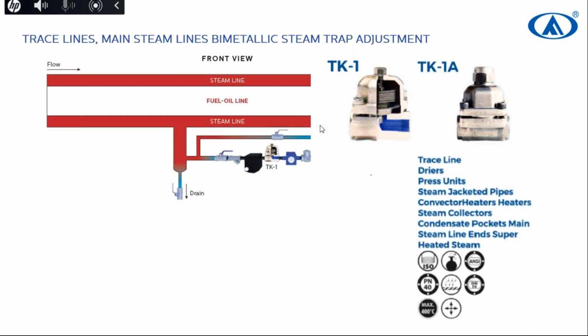Free float type without level, yes, we have. SFK series, our models are free float type: SFK 40, SFK 61, SFK 70. You can ask your customer representative. Temperature control valve, we have but limited models. You can ask your customer representative.